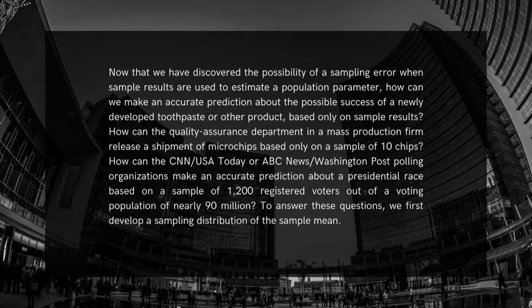How can polling organizations like CNN, USA Today, ABC News or the Washington Post make an accurate prediction about a presidential race based on a sample of 1,200 registered voters out of a voting population of nearly 19 million? To answer this question, we first develop a sampling distribution of the sample mean.